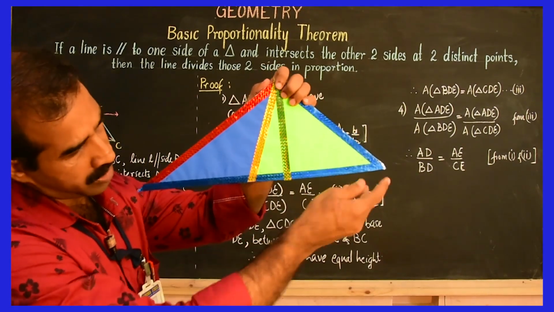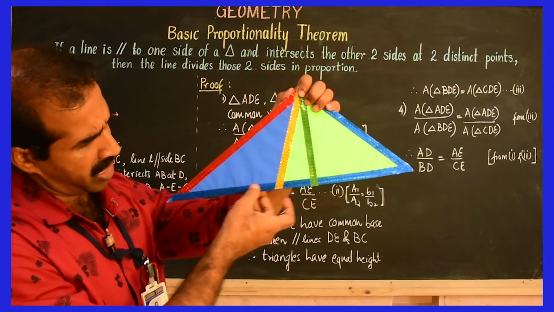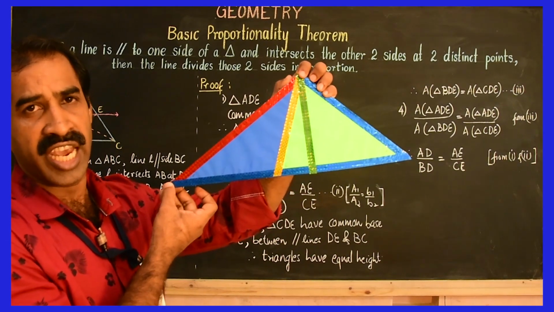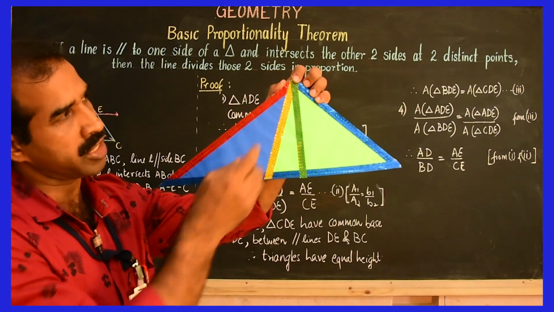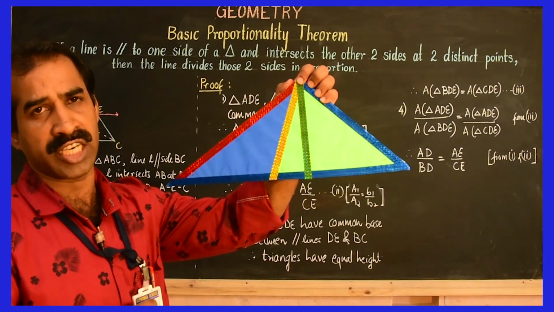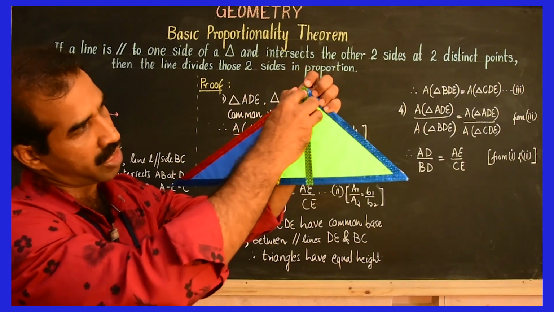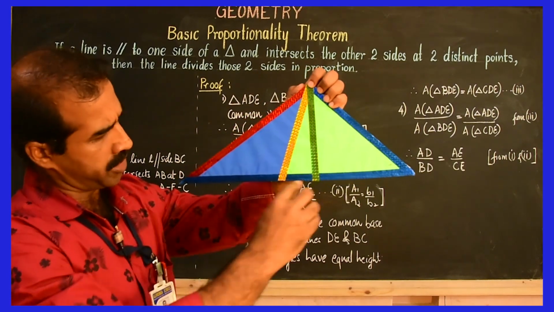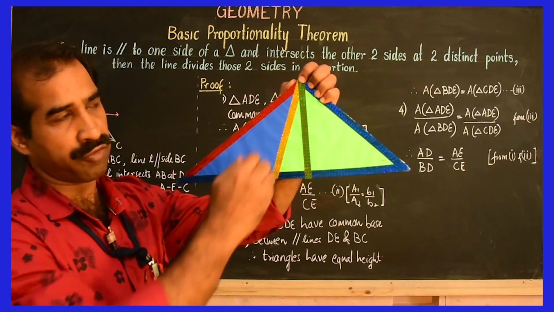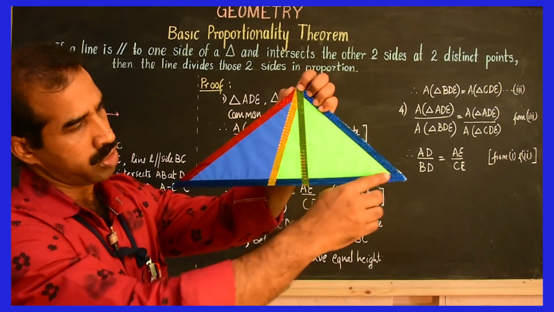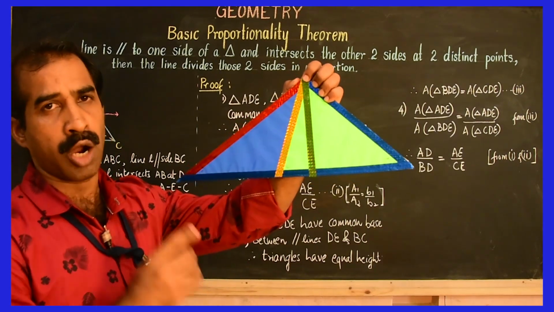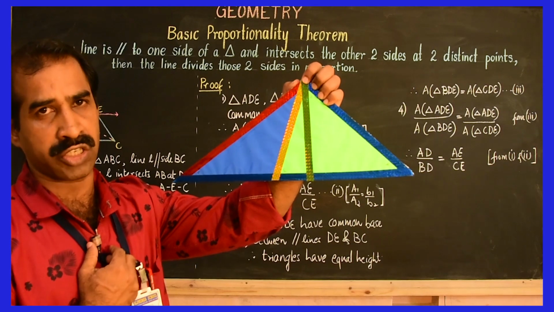Now your points A, E and C are collinear points, and D becomes the common vertex for those two triangles. Now if I draw a perpendicular from D to base AC, perpendicular from common vertex D to side AC, this height becomes the common height for those two triangles.